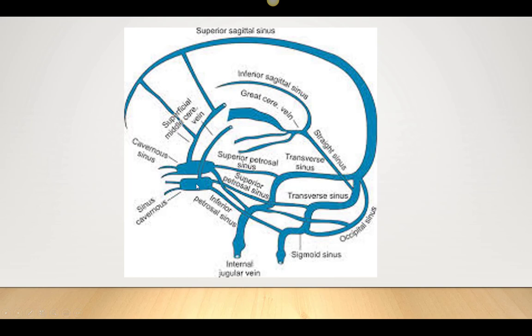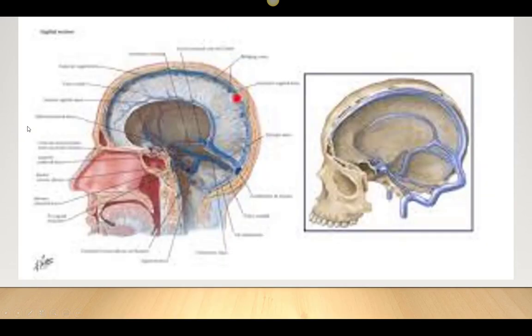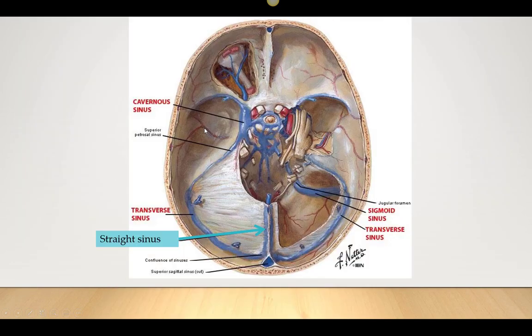As we mentioned, around the pituitary gland, you see the better view here, you have this sinus around the pituitary gland, and we call it the cavernous sinus.